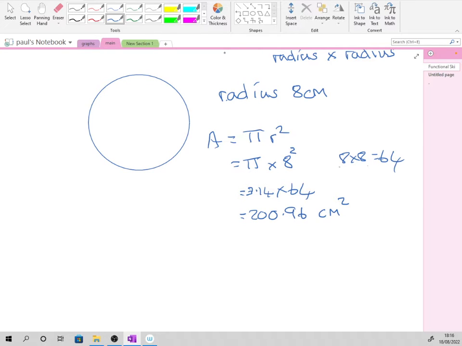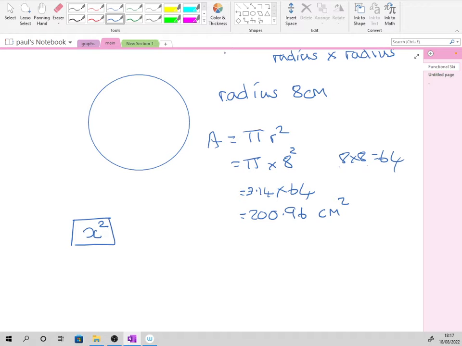Now, when you're doing this squared bit, see how it's 8 times 8? On your calculator, there is a button which has got x squared in it. So if you just do the 8, then press that x squared button, it comes up with the answer 64.